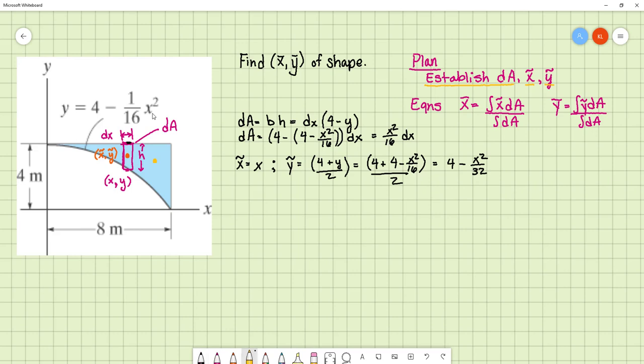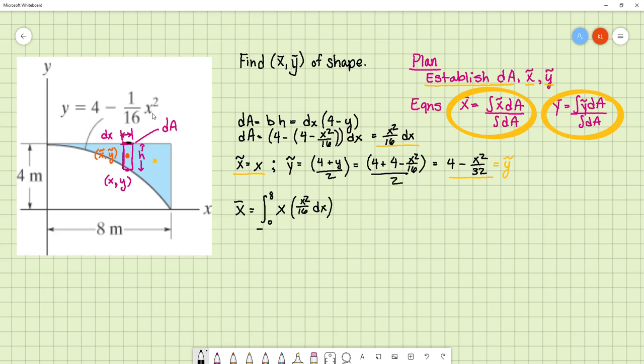Okay, so in order to do our math, in order to plug into our equations, we've got dA in terms of x, we've got x tilde in terms of x, and we've got y tilde in terms of x. Let's set that up. X bar, the centroid of the entire shape, is the integration from 0 to 8 of x tilde, which is x, times dA, which is x squared over 16 dx.